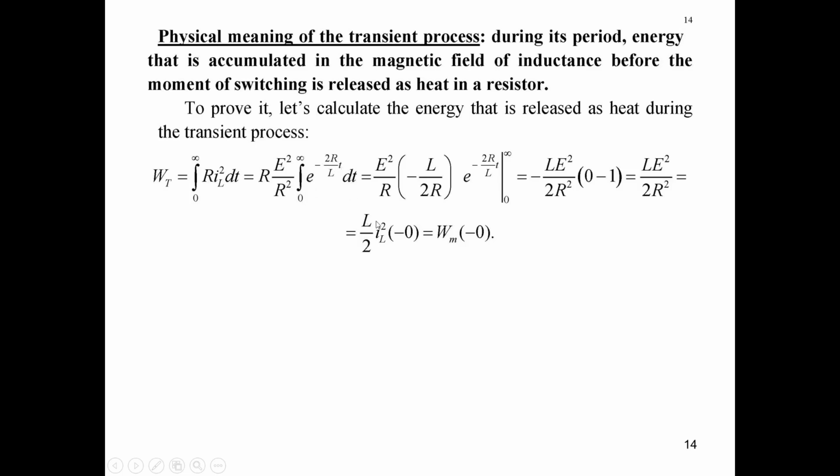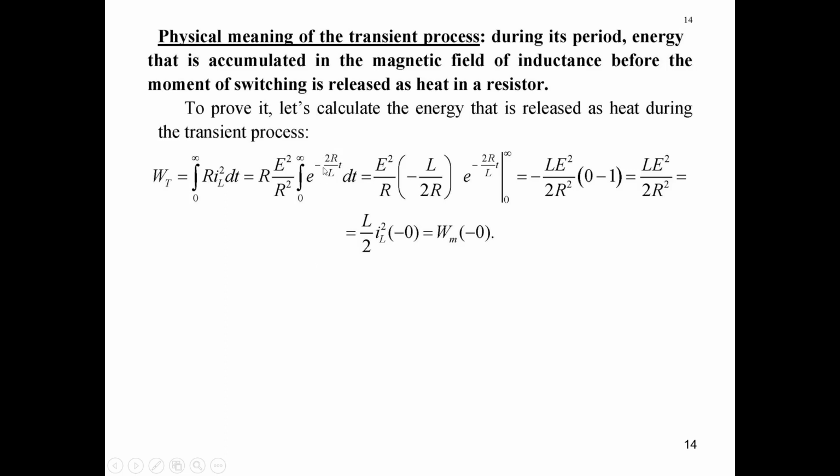Okay, how can we calculate such an integral? It will be R, and R squared can be cancelled. Here R will disappear, and in the denominator will be R in first degree. This integral of an exponential function equals the exponential function, but as here was an integral by dt, we should multiply and divide this dt by the coefficient in the power of this exponential function.